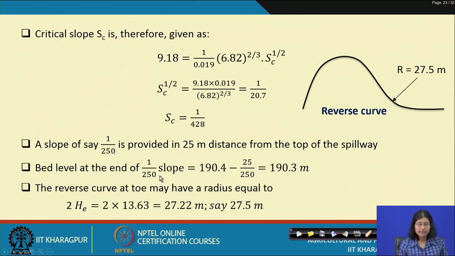The bed level at the end of this slope is 190.4 from the earlier calculation in design problem 1, minus 25 by 250, giving 190.3 meter. A reverse curve at the toe may have a radius equal to twice h e, which was calculated in the previous step, so it is around 27.5 meter.